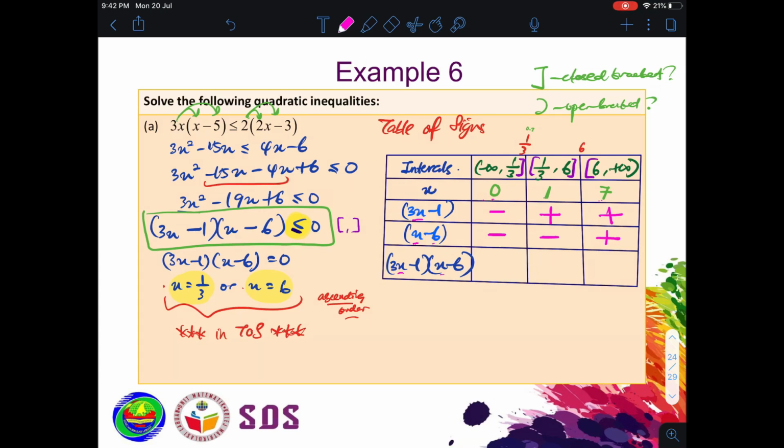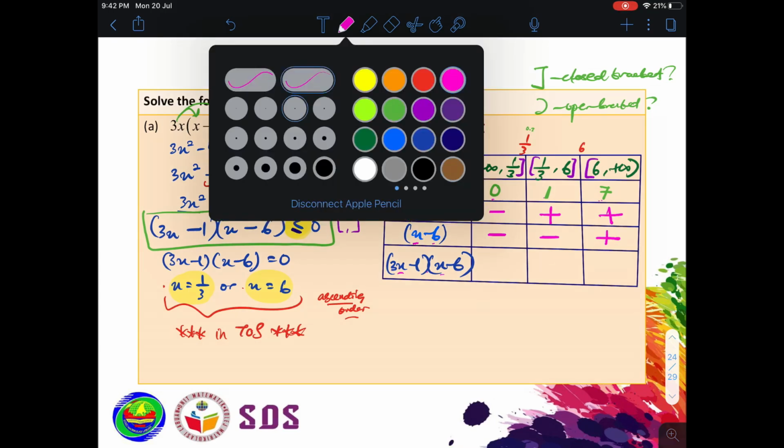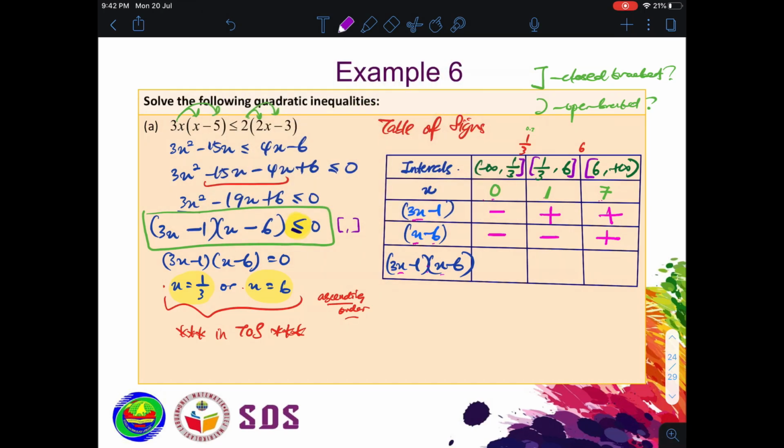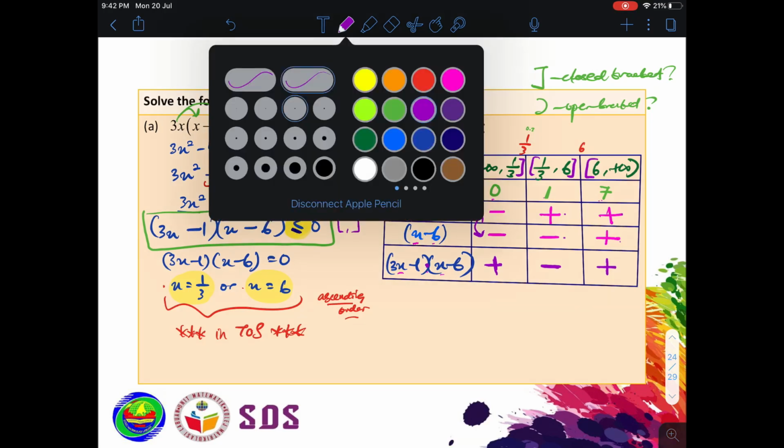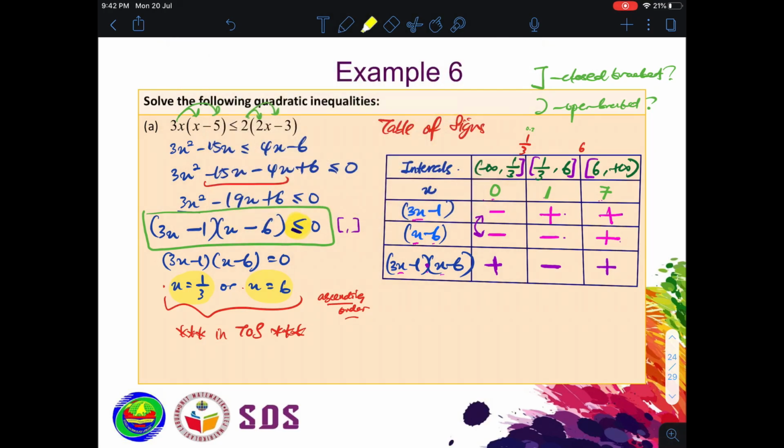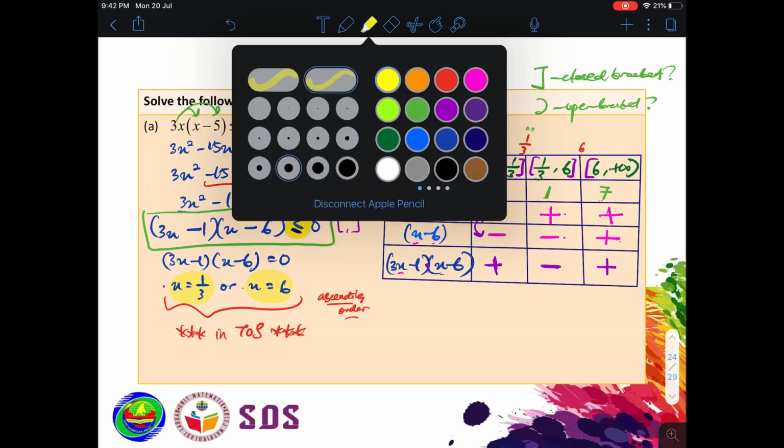Therefore I multiply both of these: negative times negative gives me positive, positive times negative gives me negative, and positive times positive gives me positive. Now how should I choose which one will be my answer? Again, it's according to your green box, which is the inequality.